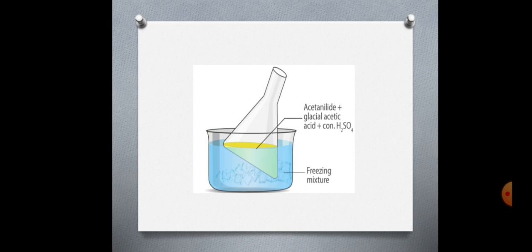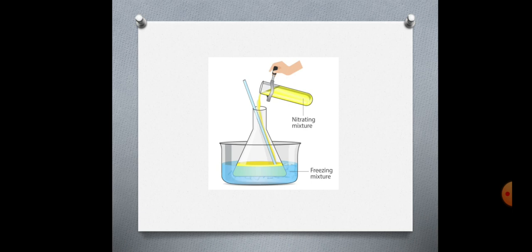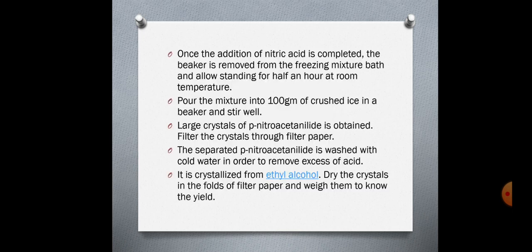In the picture, we can see that we have mixed acetanilide, glacial acetic acid, and concentrated H2SO4 and put the conical flask in the ice bath, and with constant stirring the nitrating mixture has been added. Once the addition of nitric acid is completed, the beaker is removed from the freezing mixture bath and allowed to stand for half an hour at room temperature.